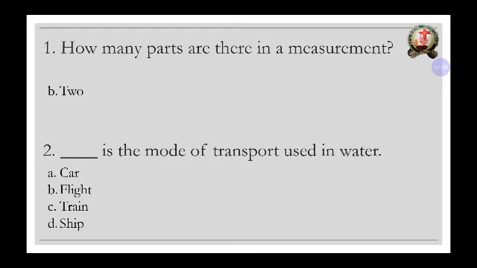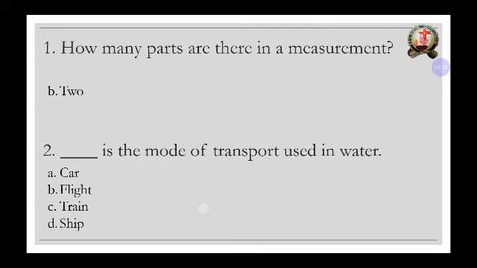Okay, next, the second question. Dash is the mode of transport used in water. There are 4 options once again. Option A car, option B flight, option C train and option D ship. I think this is a very basic question for you, because in the beginning when we started the lesson we did an activity, and I have taken it from that.